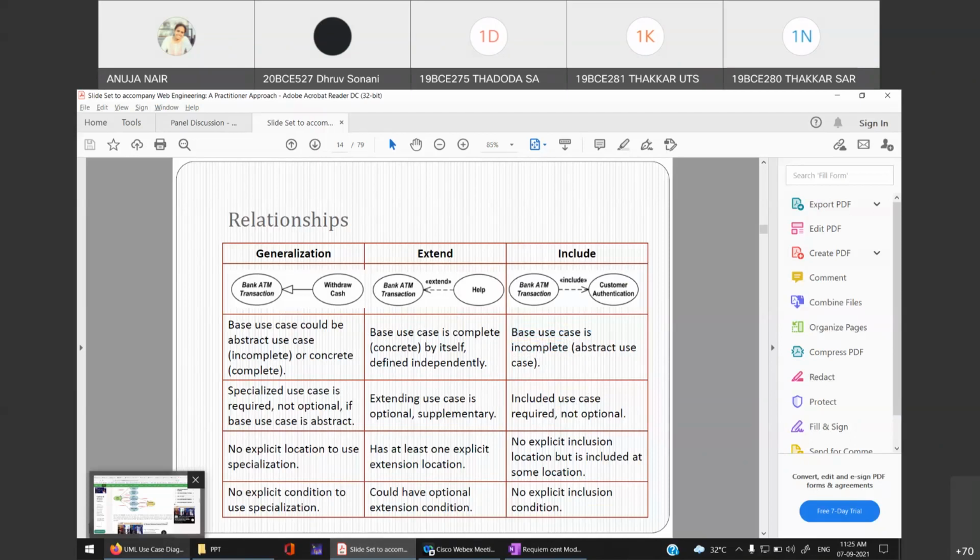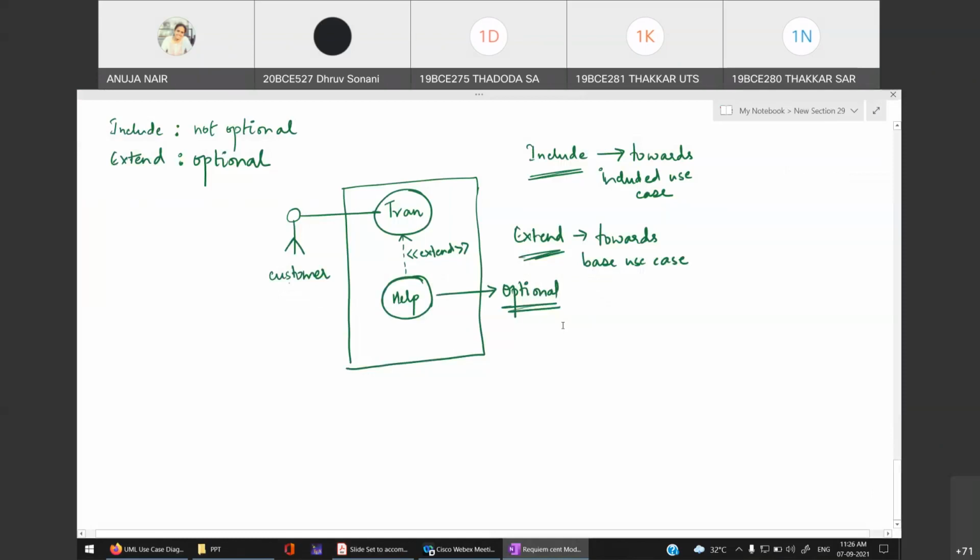Now, we can say that help includes transaction. If you are writing help includes transaction, अगर आप help यहाँ पर include लिखोगे, supposedly if you write include here, that means you have to connect this to here.